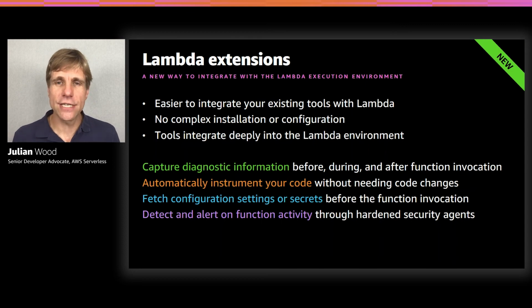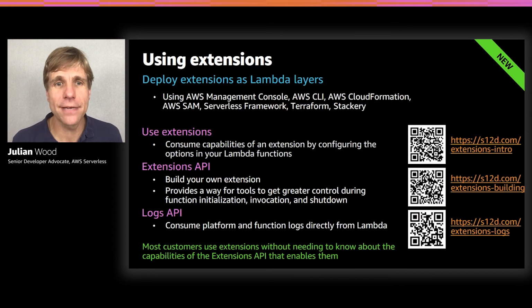You can drop an extension into your environment by adding a Lambda layer to your function and adding some configuration information via environment variables to use or consume the capabilities of an extension. You can build your own extensions using the Extensions API to hook into the Lambda lifecycle. And extensions can use the new Logs API to get logs data directly from the Lambda service. There's a lot more information about extensions available, so use the links to read all about it.